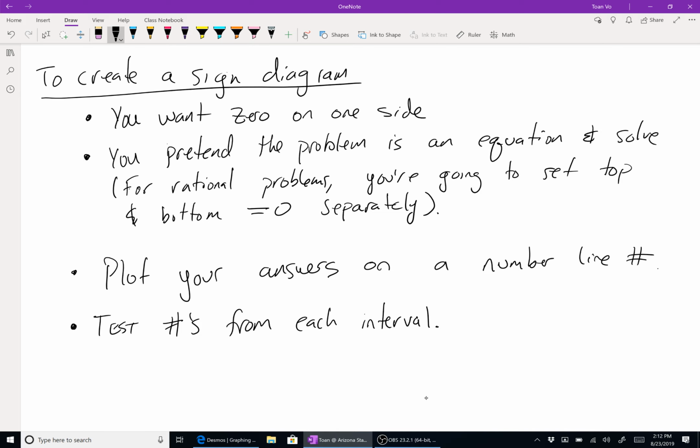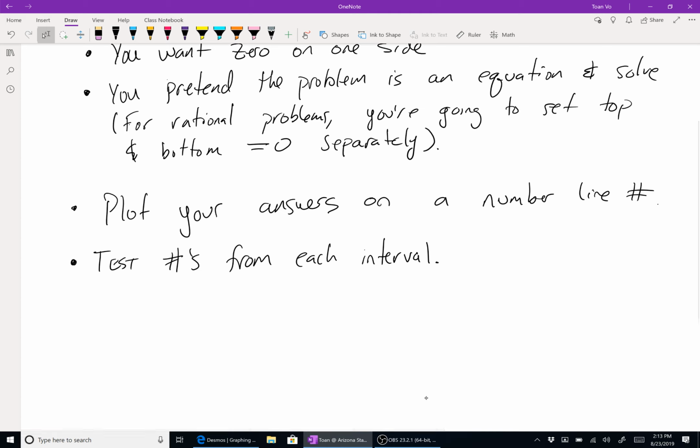These are the 4 steps to create a sign diagram, and believe it or not, it will allow you to solve basically any inequality. We could do these for linear inequalities too, but it's a bit overkill. But it's the perfect level of difficulty for polynomial and rational inequalities. If you still can't picture this, what was he talking about? Intervals, testing?